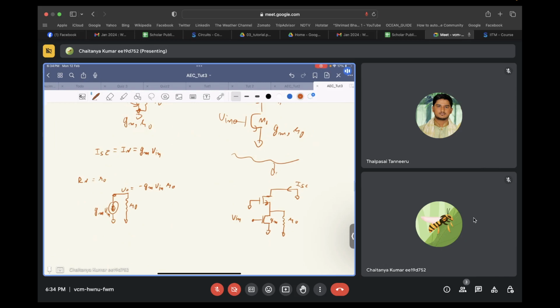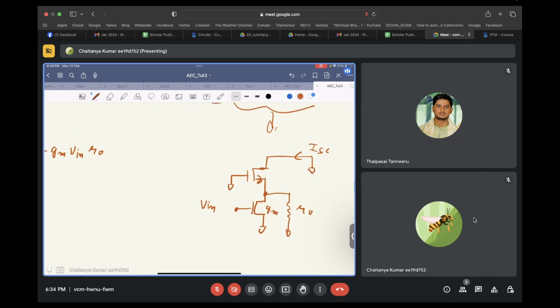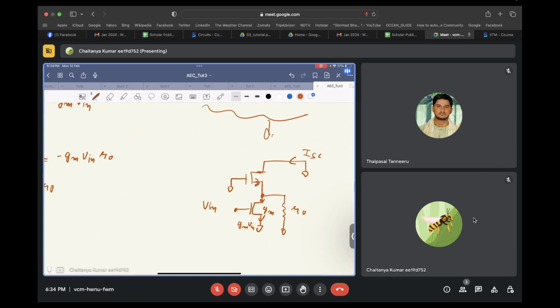Okay. So at this particular node, the current that will be flowing from the input transistor, that is transistor 1, will be equal to gm times v in. Now this gm times v in can either flow in this direction or this direction. Correct.